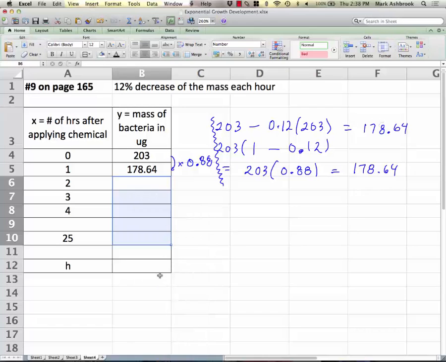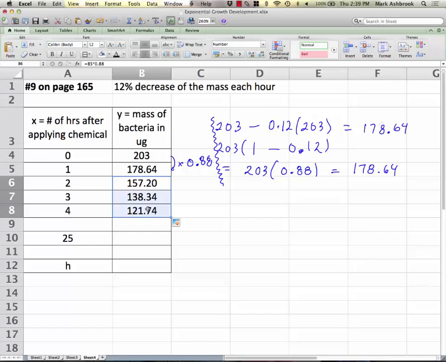And then I'll make it black. Okay. And so then I can say this equals what? The previous output, B5, times 0.88 again. So that's really going to be the pattern. So all I have to do then is grab onto this cell and copy it. And it keeps giving me, it's always taking 0.88 of the previous output.